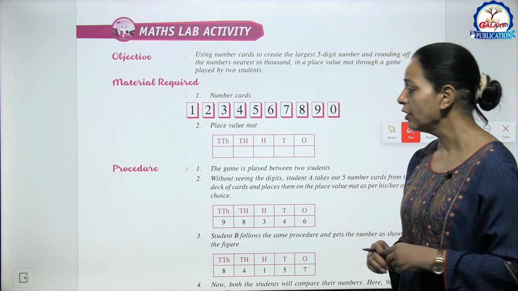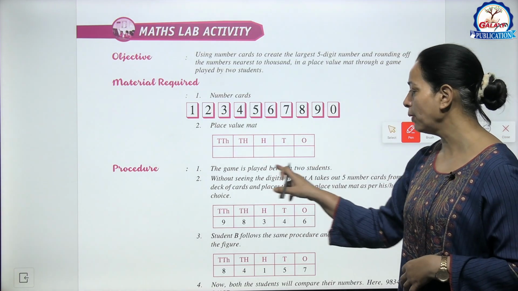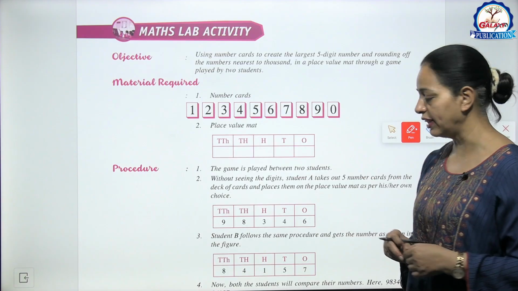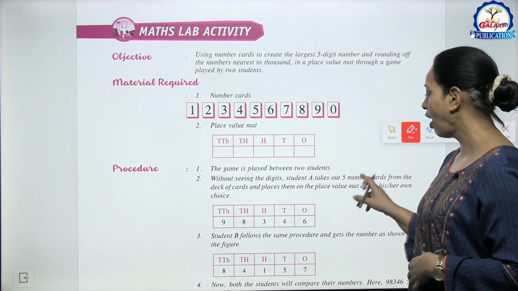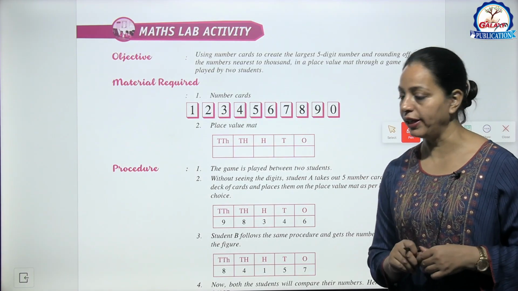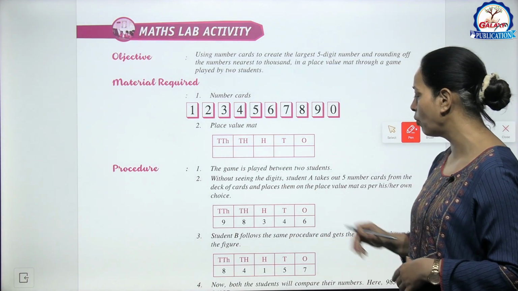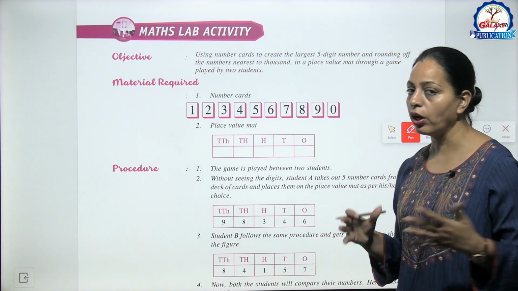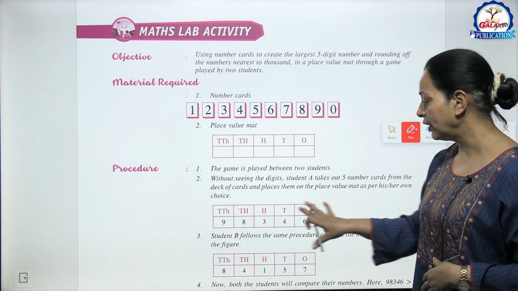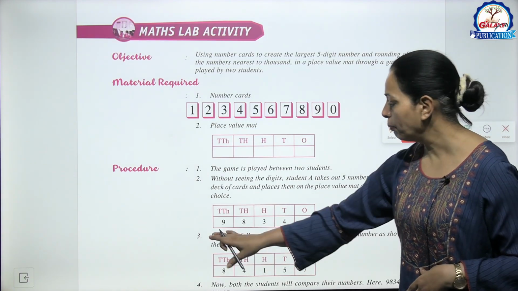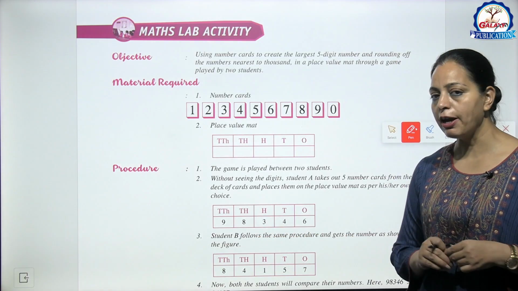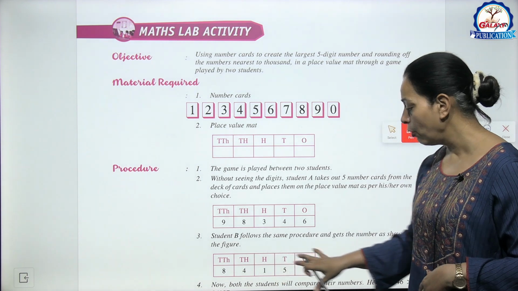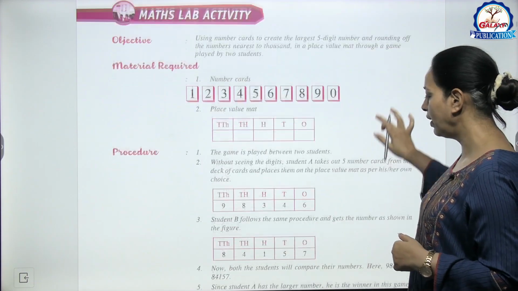Now procedure: the first one, the game is played between 2 students. The second one, without seeing the digits, student A takes out 5 number cards from the deck of cards and places them on the place value mat as per his or her own choice. So like this. Okay, now step 3, student B follows the same procedure and gets the number as shown in the figure. Okay, one number student B will get.